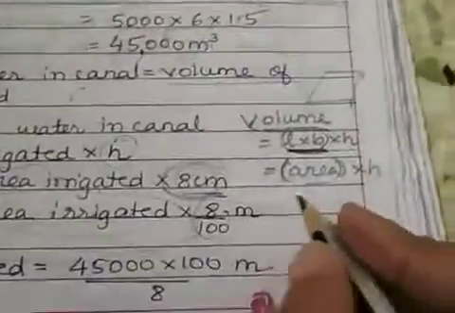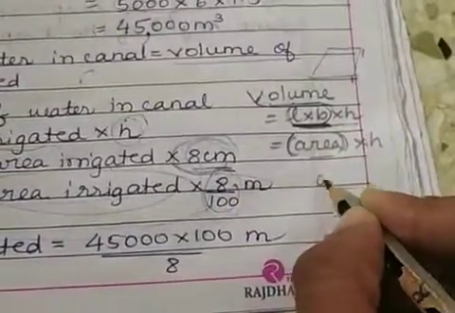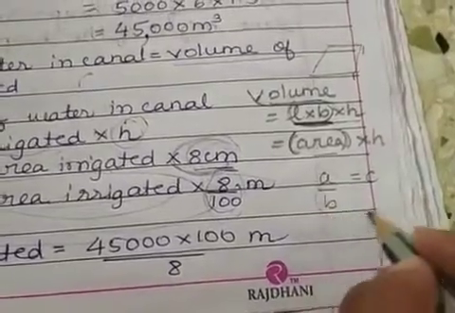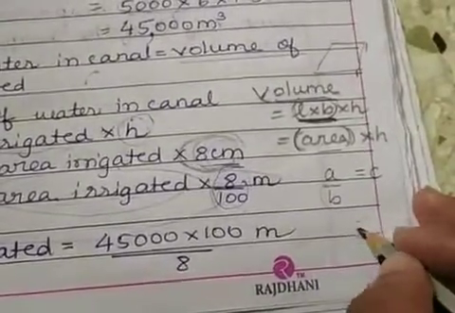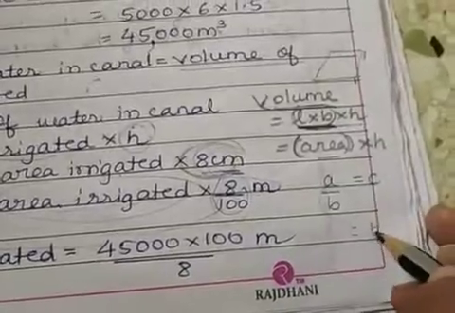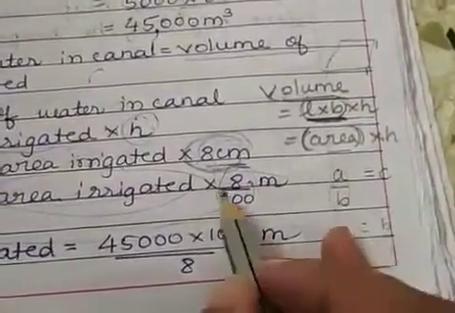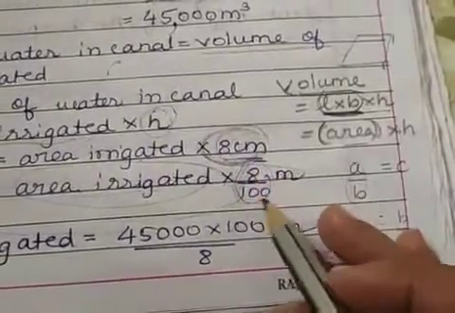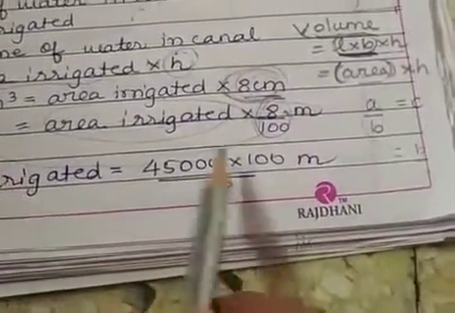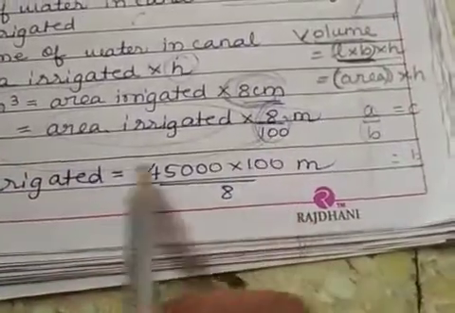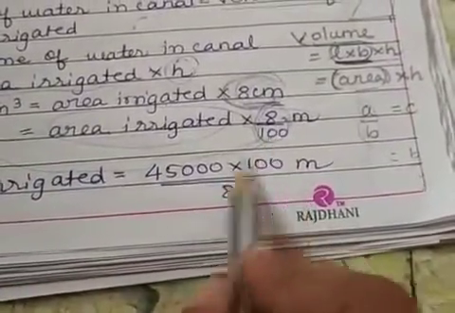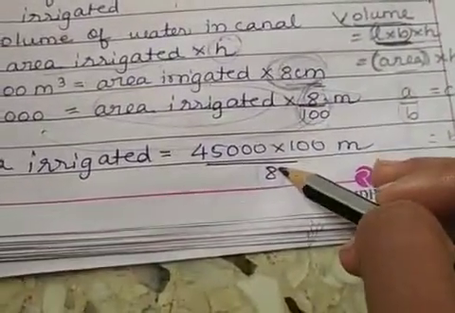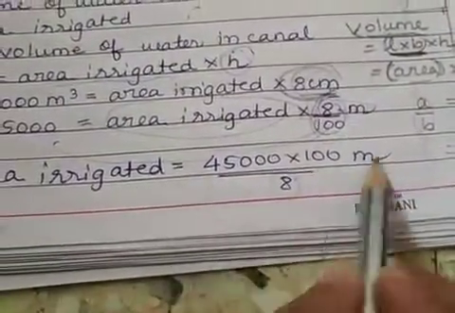You know that if you have A upon B equal to C, and if you want to transfer this term on the other side, then it will be B upon A, the reciprocal, because it is multiplied here. So we get 45,000 multiplied by 100, the whole upon 8. So area irrigated is equal to this.